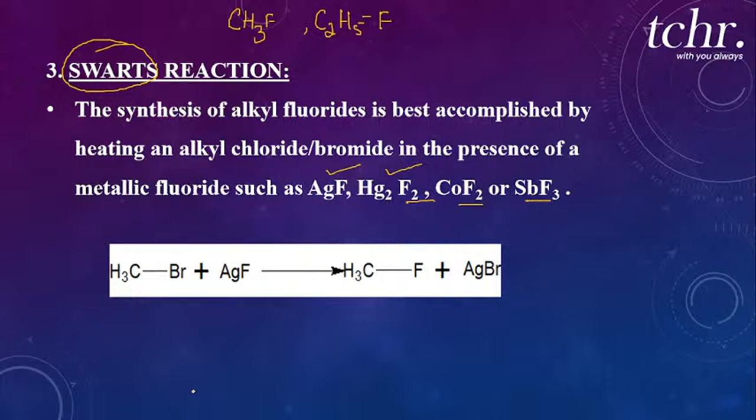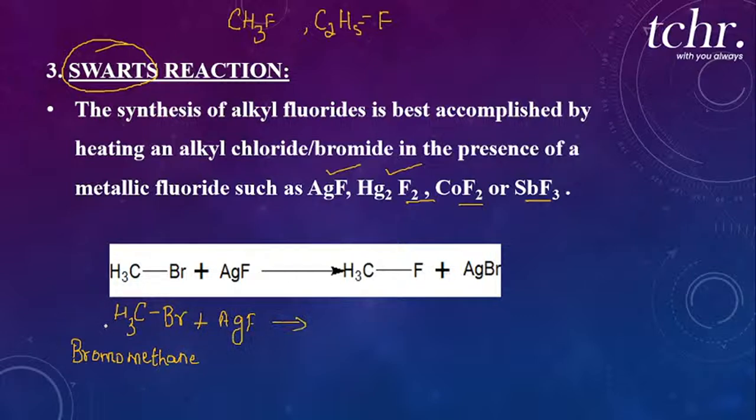A simple example is given here. They have taken CH3Br, which is bromomethane. Now bromomethane I will treat with silver fluoride.